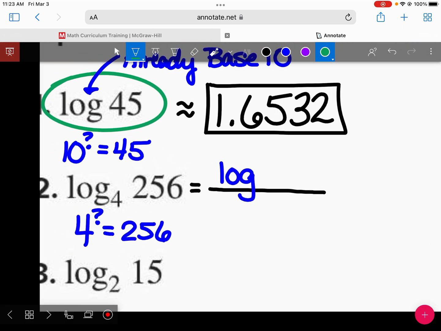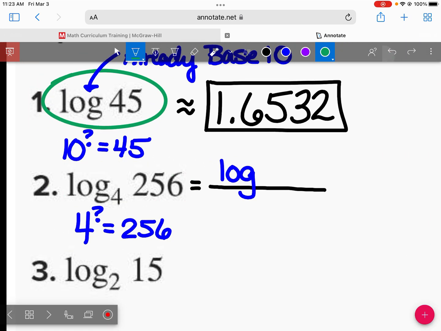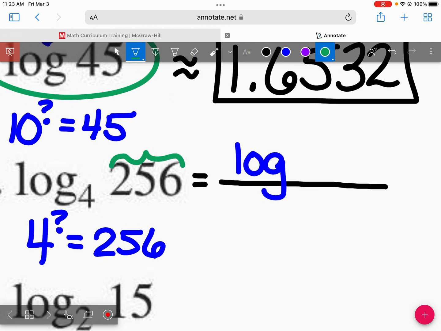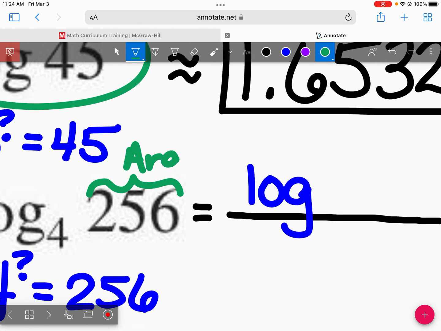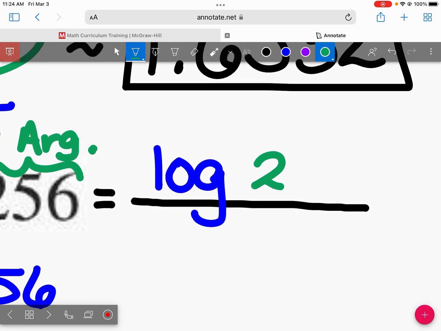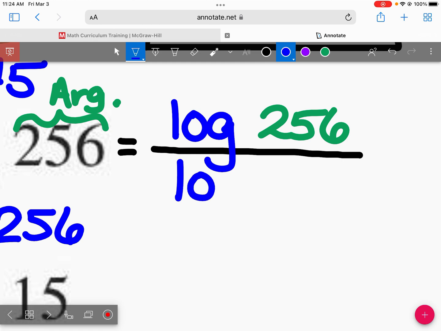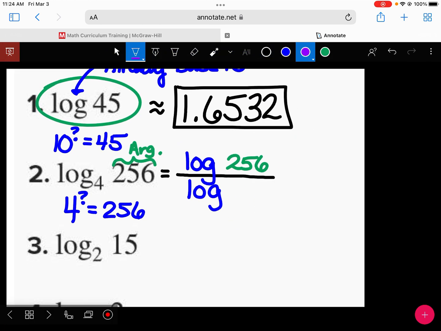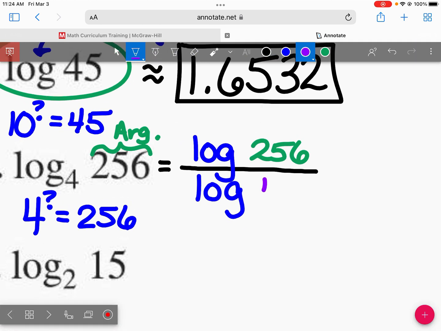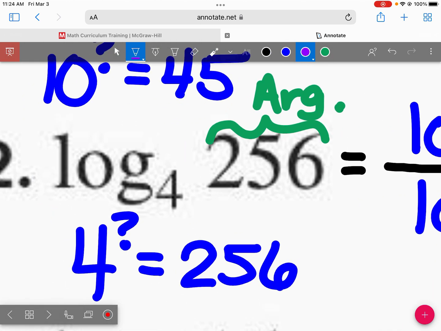Argument. What is the argument for this log? 256 is the argument. So log of 256 over log of what? Log of 4, the original base.